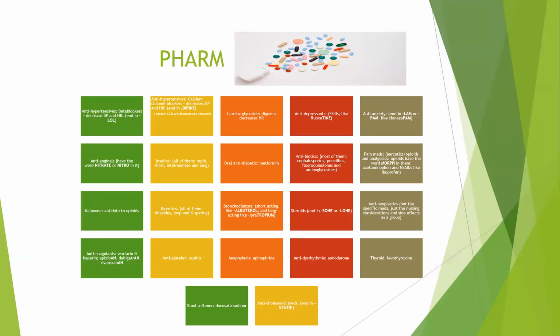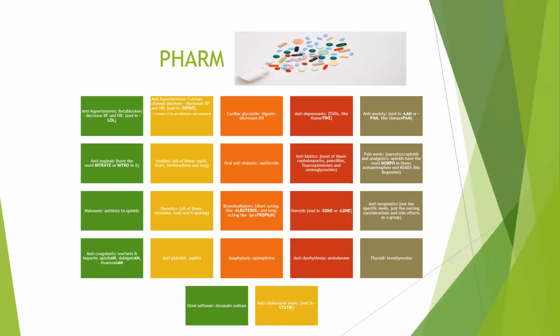Know your antidepressants, your SSRIs. Know your PAMs, your anti-anxieties. Know all your anti-anginals, okay, especially for your MI, your heart attack. So your nitrates, your nitro. Know all of your insulin, okay, rapid, short acting, intermediate, and long.